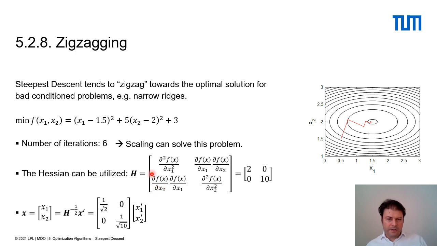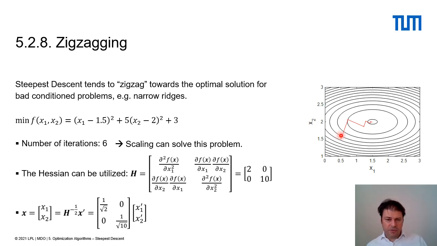So the Hessian, the second order derivative of your objective function, gives you the curvatures of your response function. And you can tell that with different curvatures, you will have a distorted shape which will promote zigzagging if you're in a bad position.